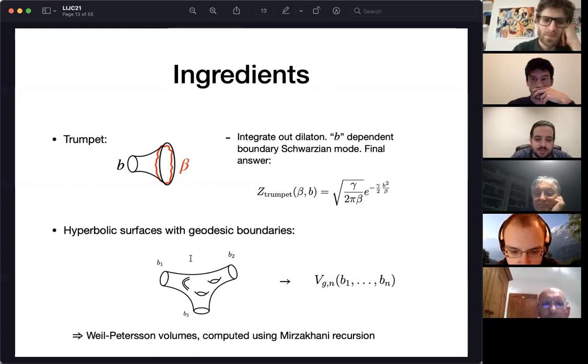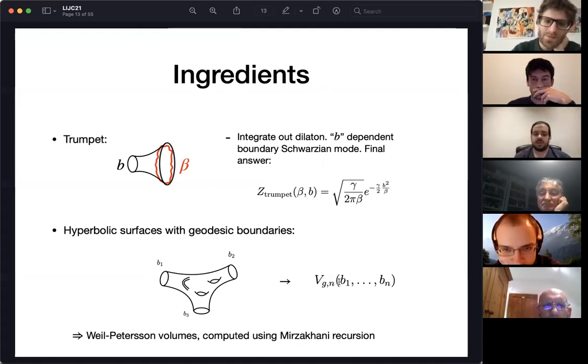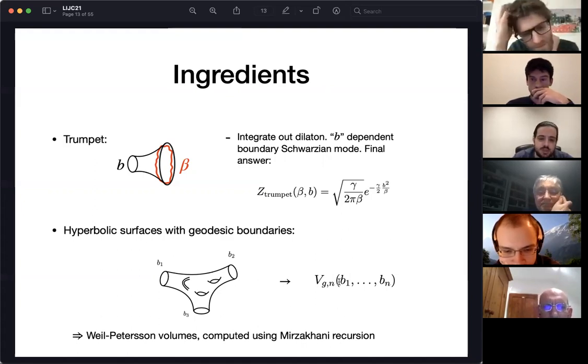I said this is tree-level exact in a way. So this is just the Weil-Petersson volume. What this V_{g,n}(b) is, is just the volume of this moduli space with geodesic boundaries of fixed length, with the usual Weil-Petersson volume measure.